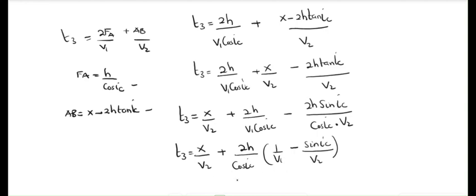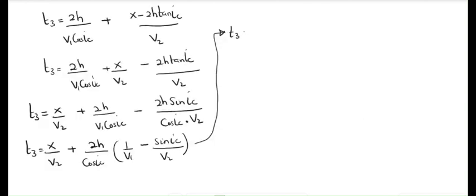Then let me continue here. So I can see that T3 is equal to X over V2 plus 2H over cos IC. I can also factorize V1 out.